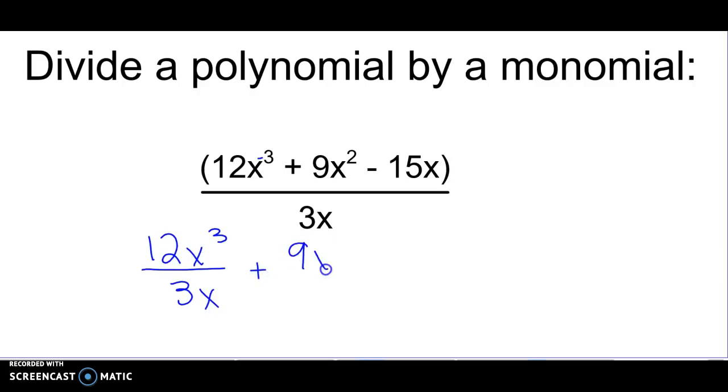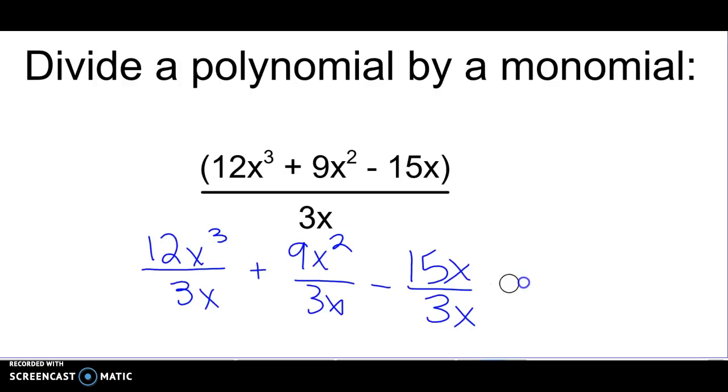Plus the 9x squared divided by 3x, minus the 15x divided by 3x. Is that a negative 3? No, I'm sorry. My pencil is. Yep. So if your divisor goes evenly into each of the terms, you could break it down like that, but that's not always going to happen.